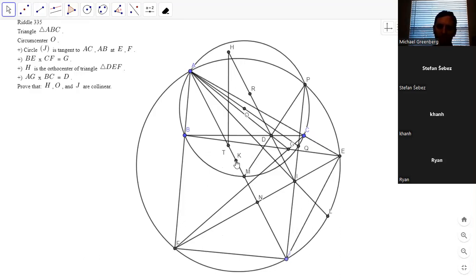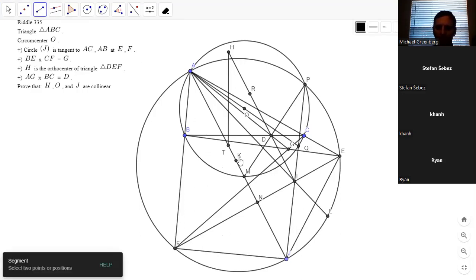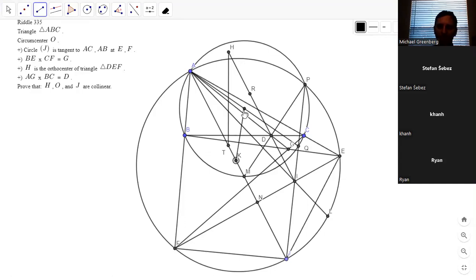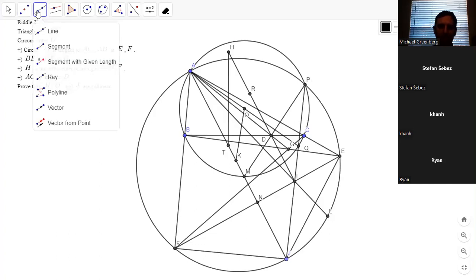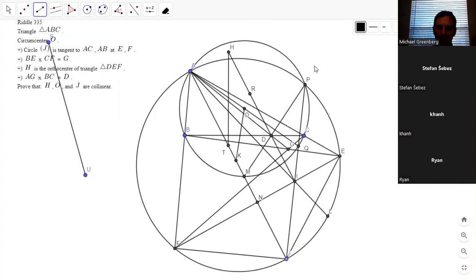And then K, I don't even remember what K is. I think K is the midpoint of AJ. Well, so OK is parallel to PJ. Maybe that's helpful. And OM is parallel to TH.